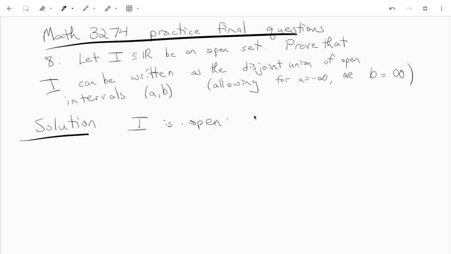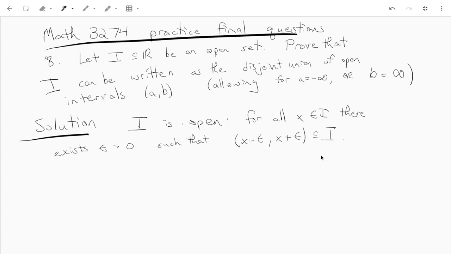It means for all x in I, there exists epsilon greater than 0 such that the interval from x minus epsilon to x plus epsilon is a subset of I.